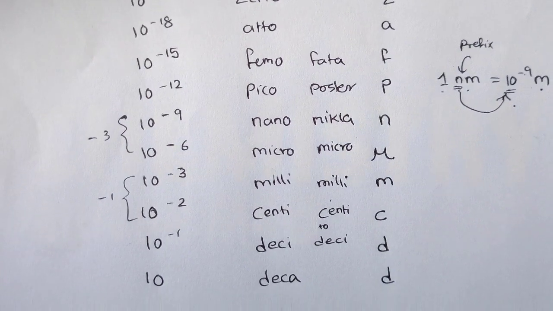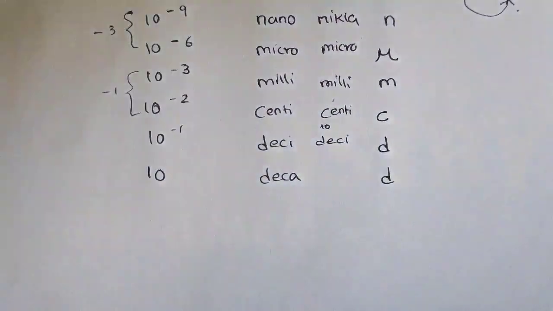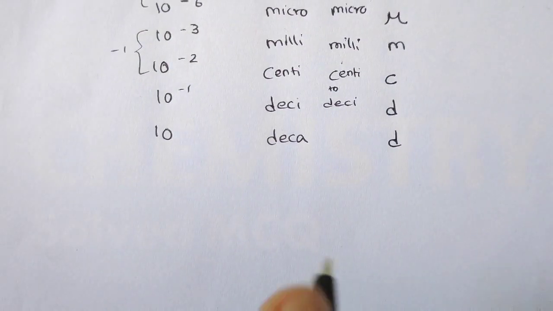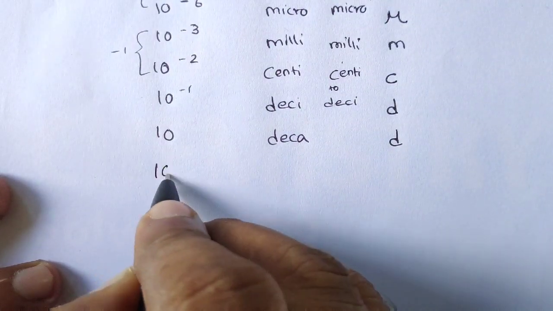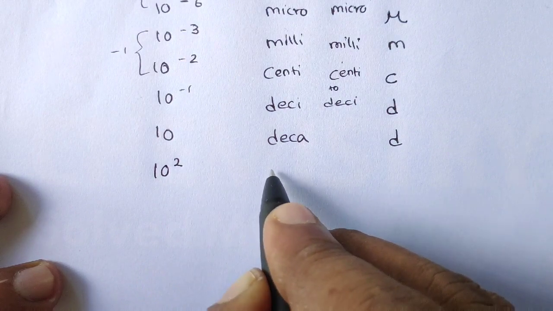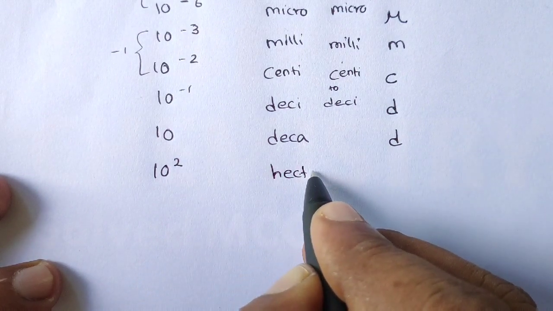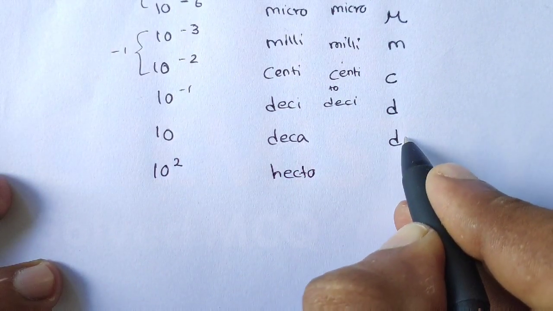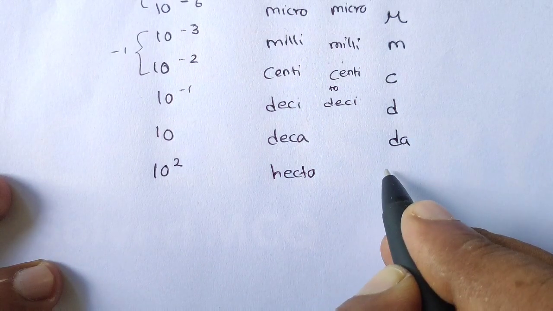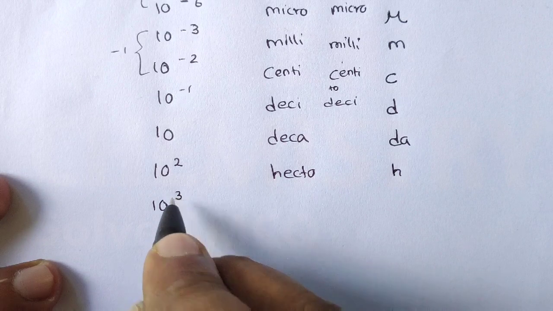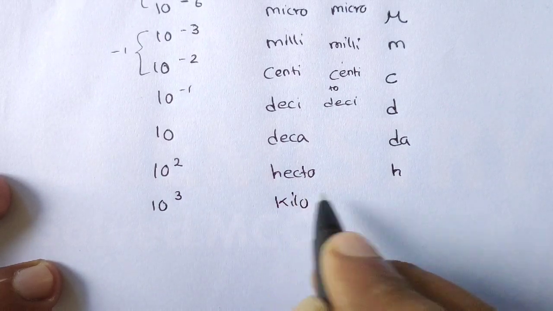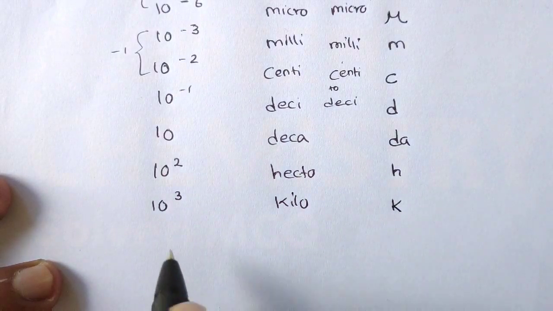Now another way to remember, we'll go in reverse. Now this 10 is deca. Suppose 10 raised to 2 is there, it will be hecto, sorry, deca da will be here, hecto h. Then 10 raised to 3 is kilo, for which k is used.